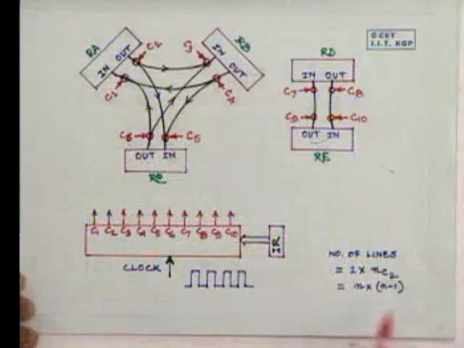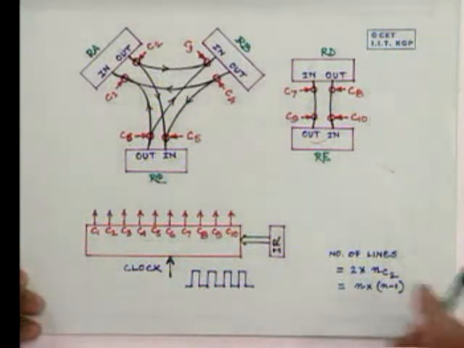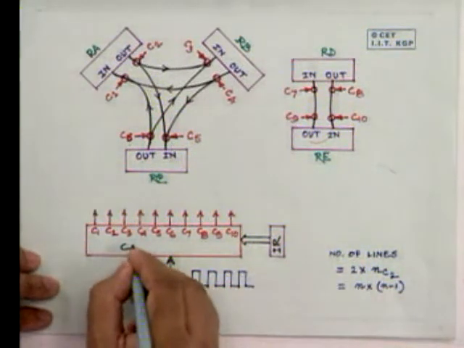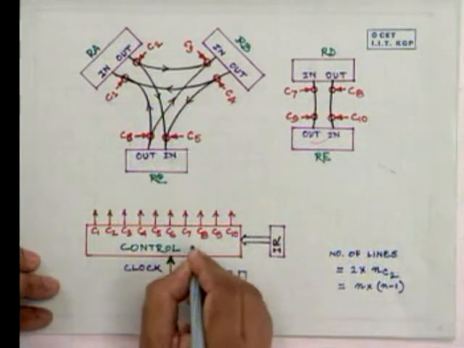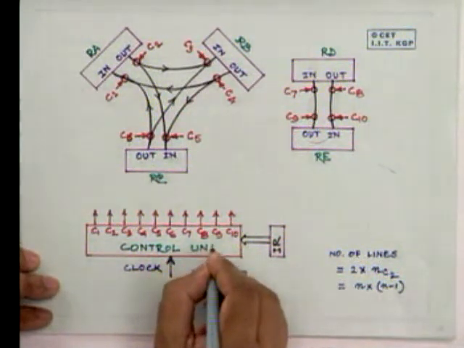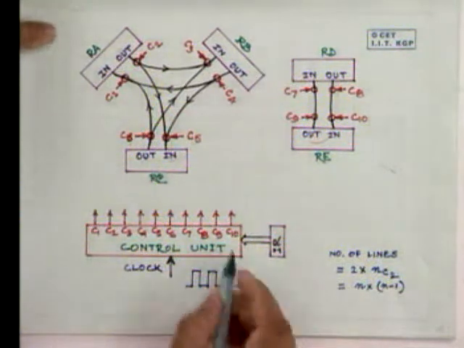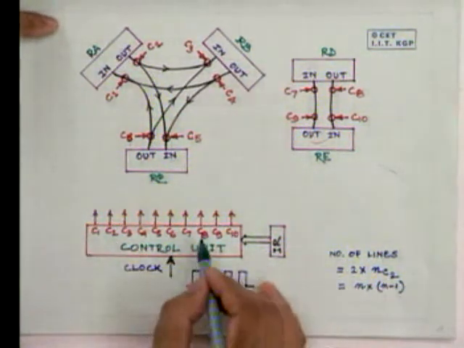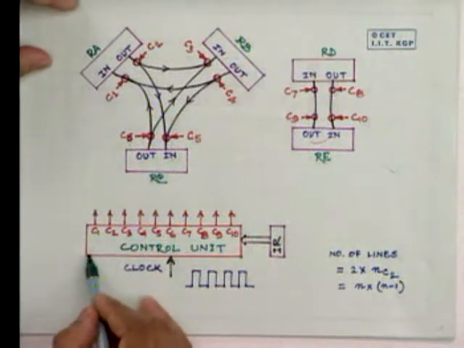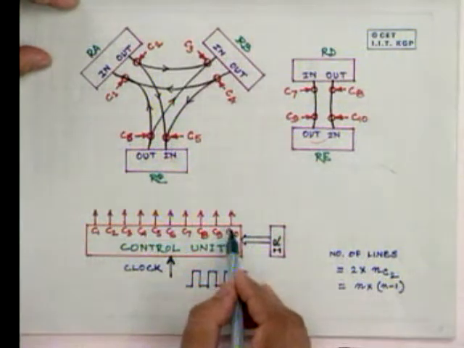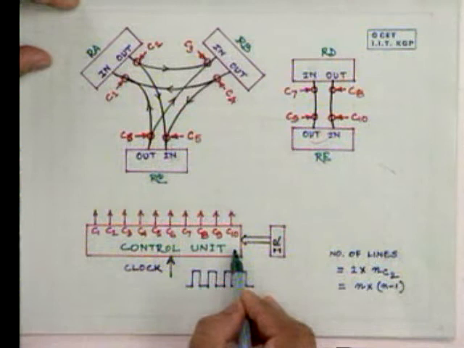Now, let us come back to this. We call this our control unit, and such a unit should be there within the CPU. Generally, we are assuming here that this is a hardware circuit.